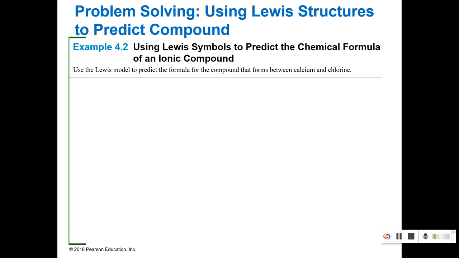All right, it wants us to use the Lewis model to predict the formula it forms between calcium and chlorine. I'm going to do one this way, and then I'm going to show you the other way. So using the Lewis model, calcium's got 2 valence electrons. Chlorine has 7. Remember, they go single and then they pair.